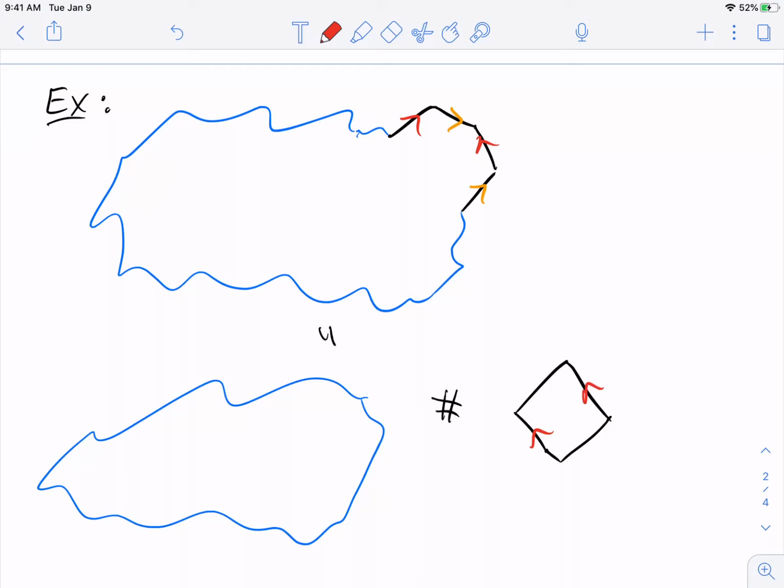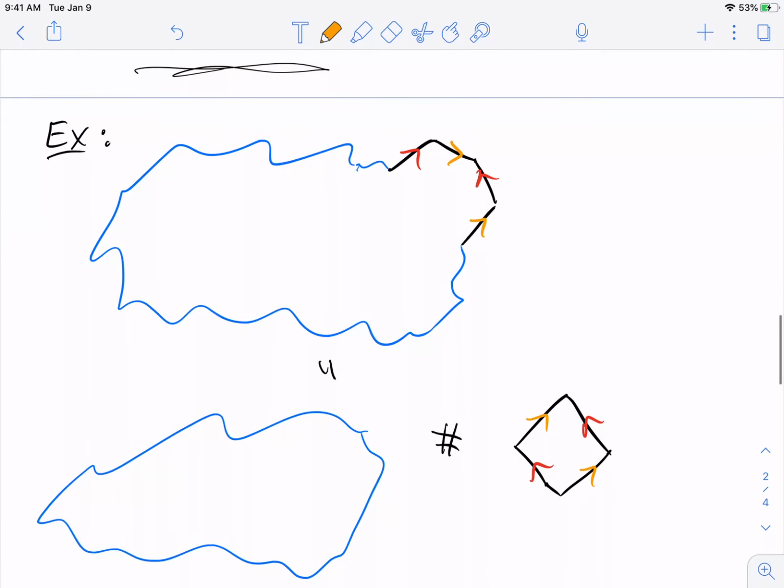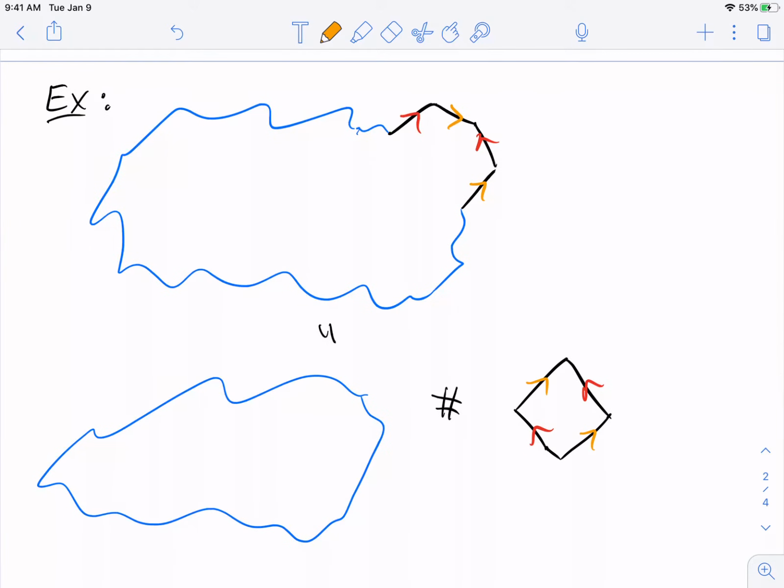Because if I start with this on the bottom and I do the connected sum, I get exactly that. Okay, so I can also see tori inside this polygon as well, and I can always pop a torus off and reduce my problem to something with fewer edges.